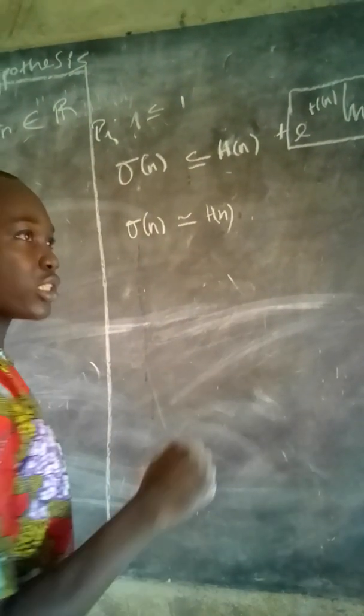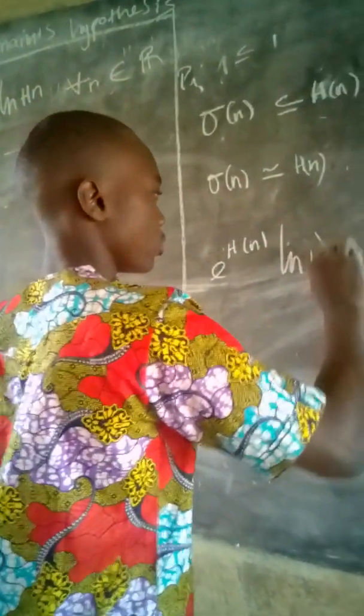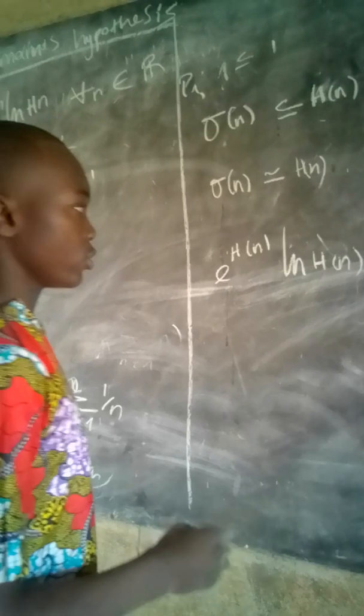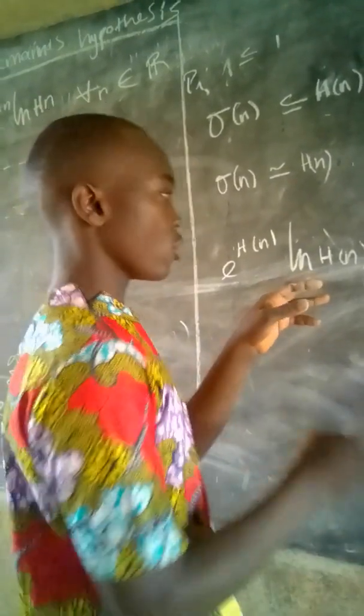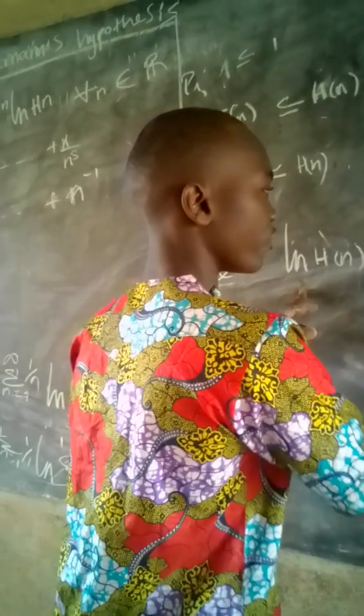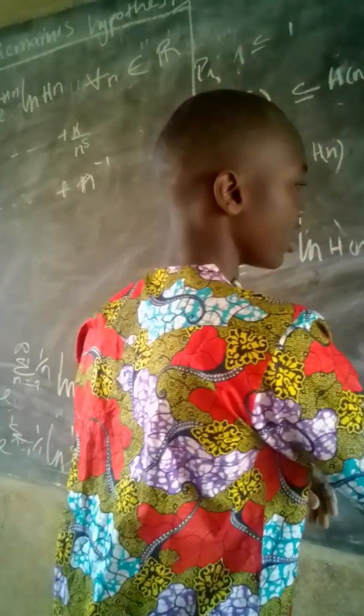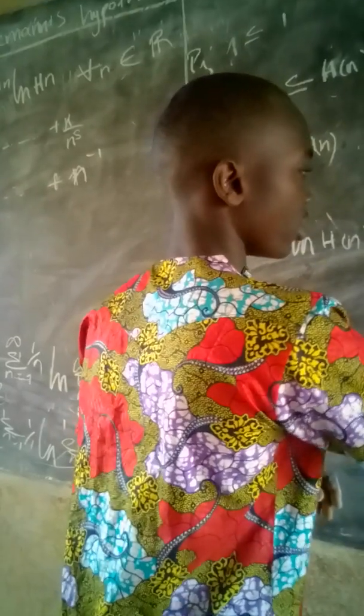Now let us try to reason small. Now e to the power Hn ln Hn, if you want to see ln of decimals, means that ln of numbers ranging from 0 to 1, ln of these are negative.